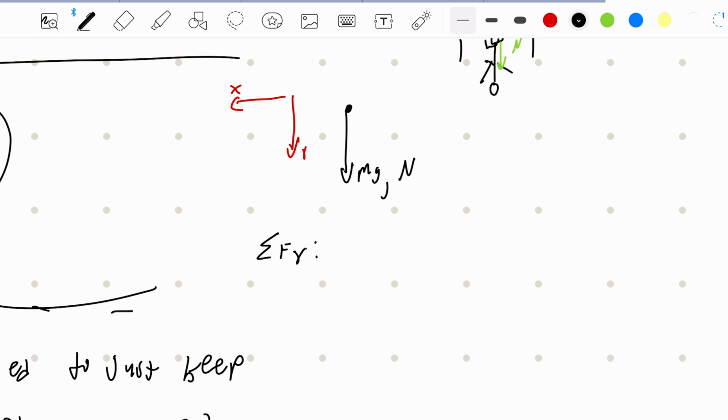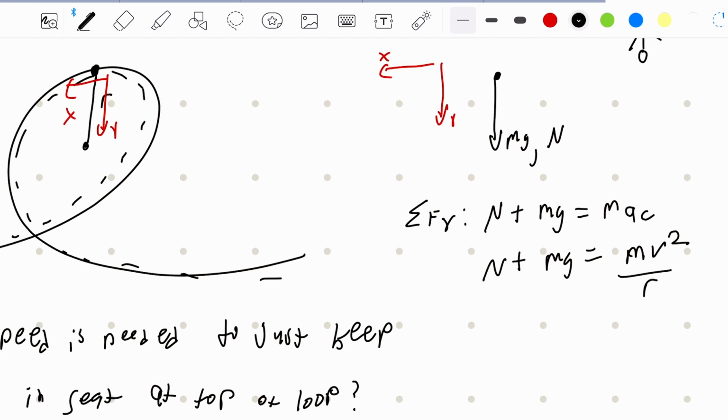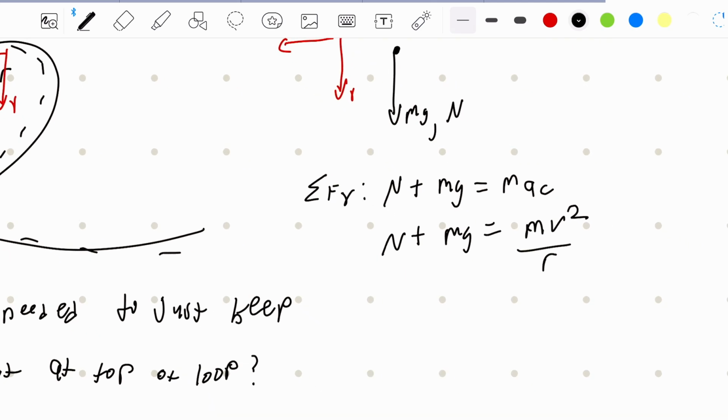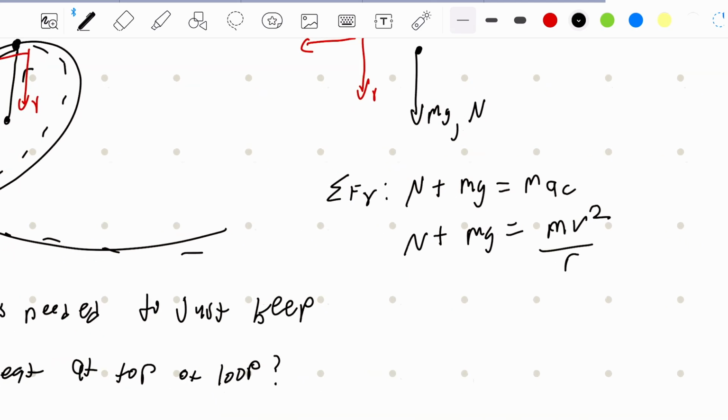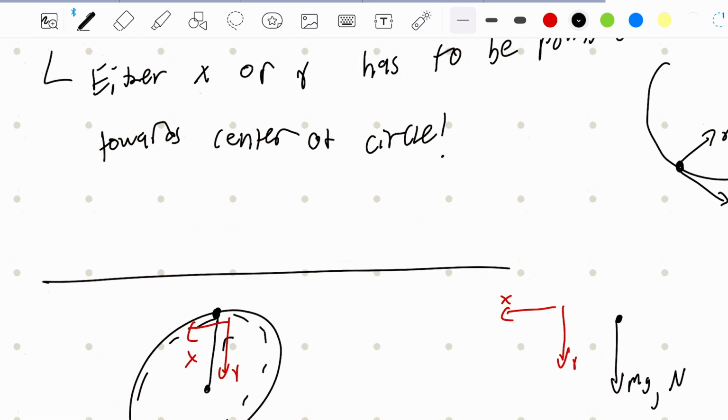We have N plus mg is equal to mass times acceleration in the centripetal direction, which is the same thing as saying N plus mg is equal to, remember we said earlier, mv squared over r. Now we have that radius of curvature, which is defined as r. We don't know the normal force, but we can solve for it, and we don't know the velocity. But what does it mean to just barely keep them in their seat?